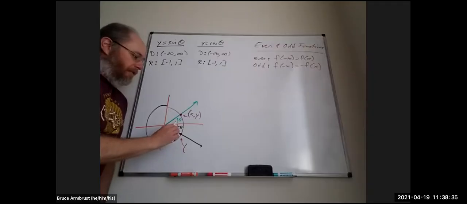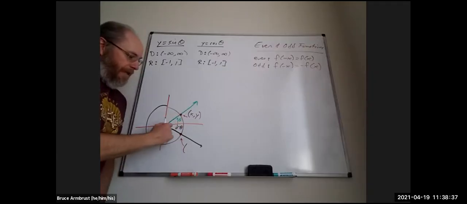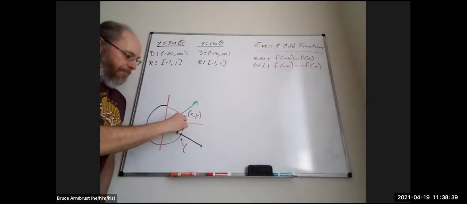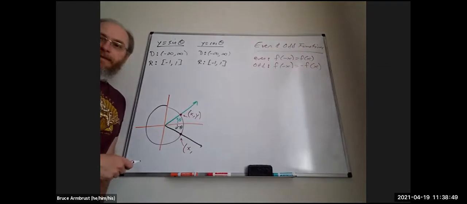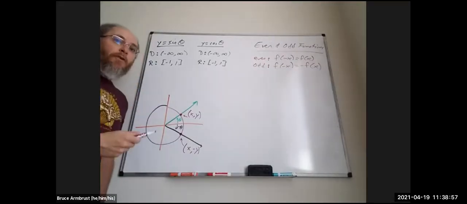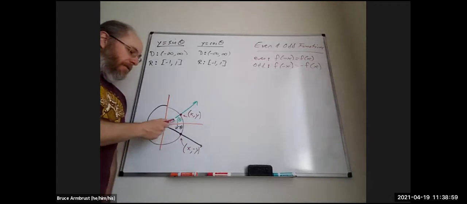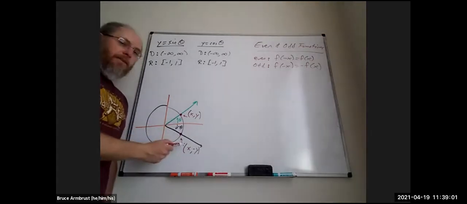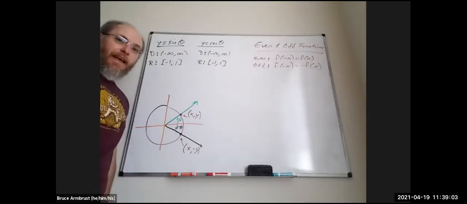Okay, so the x coordinate is going to be the same x coordinate, right? Both of them have moved the same distance left and right. So the x is the same. But what about the y? That would be negative. Yeah, because now that one's below instead of above. So if we go in the opposite direction, we're going to get the same x coordinate, but our y's are going to have different signs.